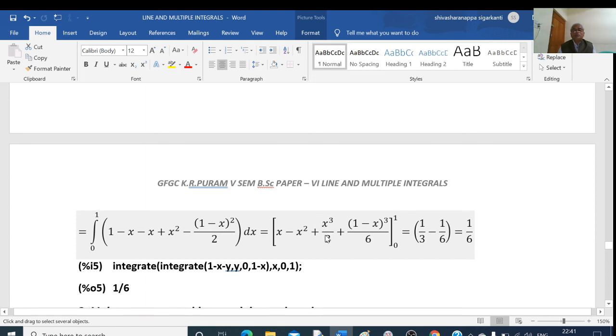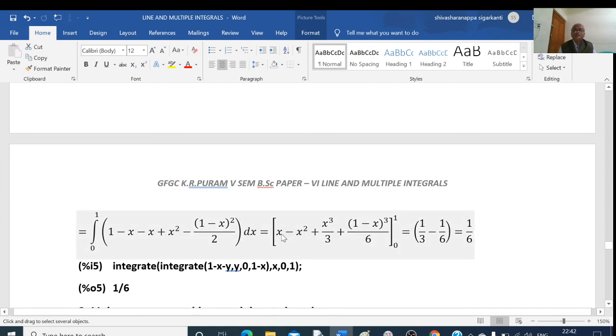Integration is x cube by 3, minus 1 minus x whole square by 2 integration is 1 minus x whole cube by 3 by minus 1. So, minus, already minus is there, minus becomes plus. This is 1 minus x whole cube divided by 2 was there, but 3 coming here, 2 into 3 is equal to 6. This is between 0 and 1.